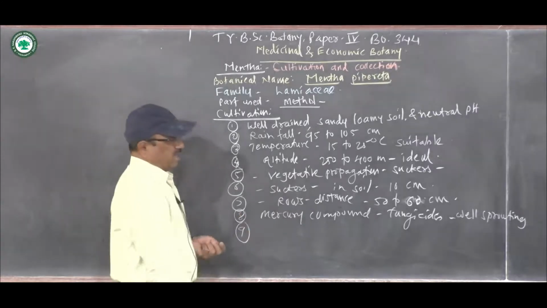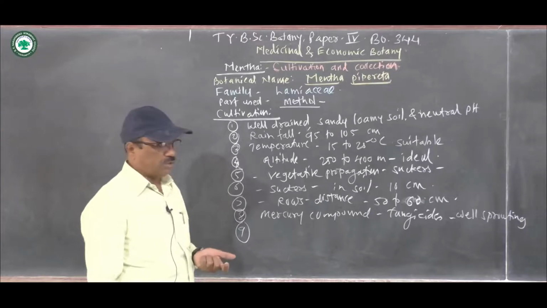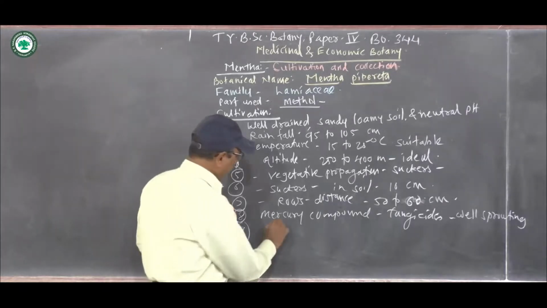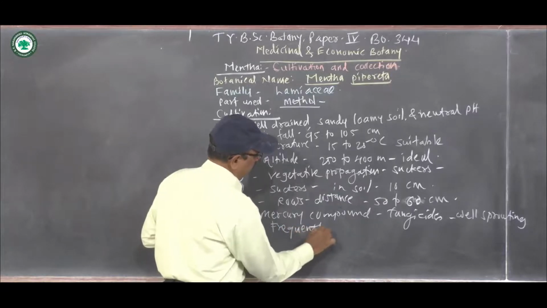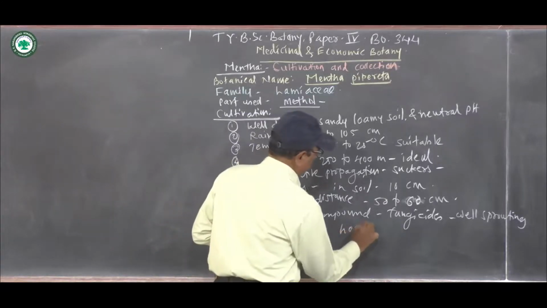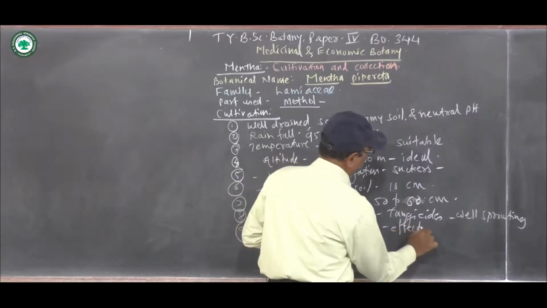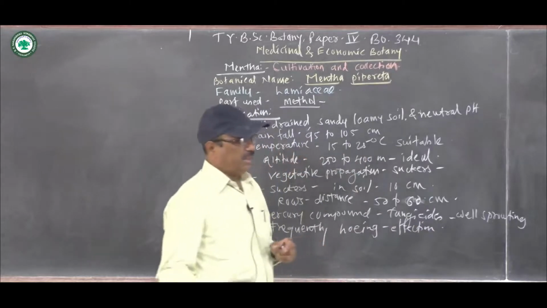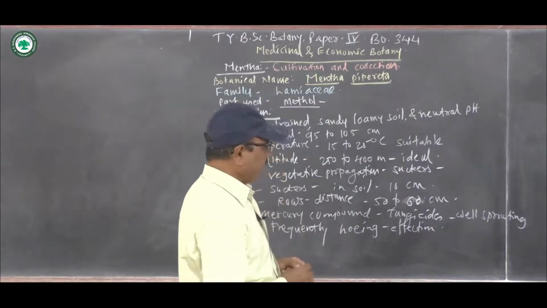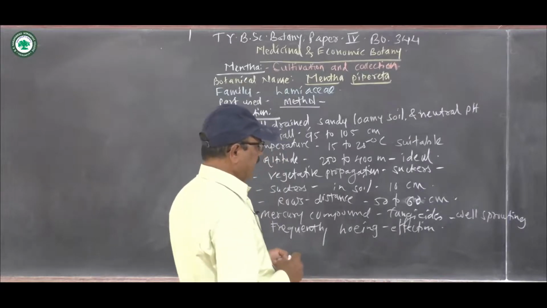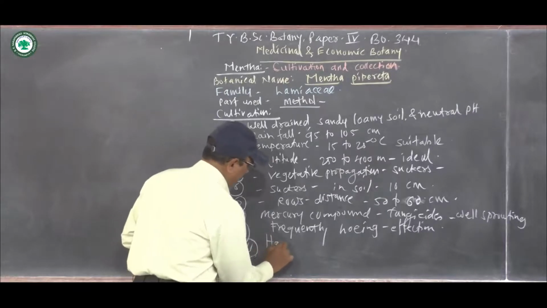Many times different types of weeds cause a serious problem to this crop. So frequent hoeing is very effective for the growth, cultivation and the production of this Mentha.